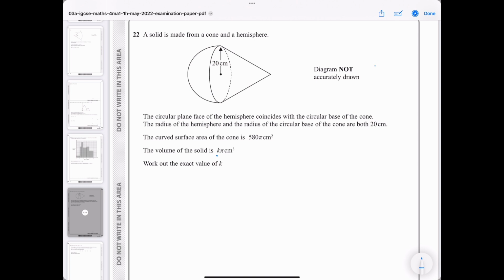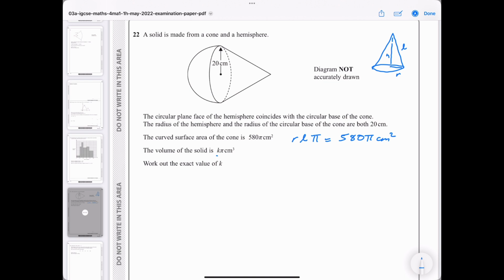So in order to find the curved surface area of the cone, you need to know that it's L times pi times R. I think this is H, which we don't know, and that's R. So we know that R L pi equals 580 pi centimetres squared.